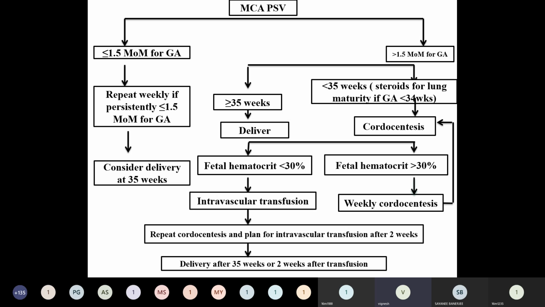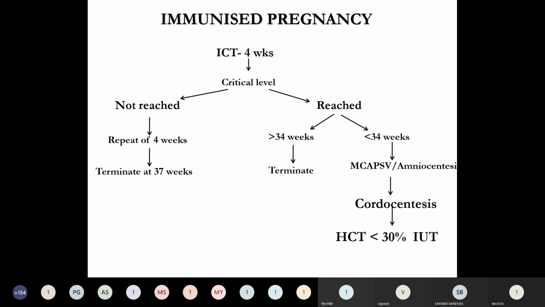If it is less than 34 weeks gestation, as I already told you, betamethasone or dexamethasone can be given. Plan for cordocentesis. In the cordocentesis, if the fetal hematocrit is less than 30%, you consider intravascular transfusion and repeat the cordocentesis after 2 weeks, or you can do a weekly cordocentesis and deliver after 35 weeks or 2 weeks after the transfusion. So this is a flow chart.